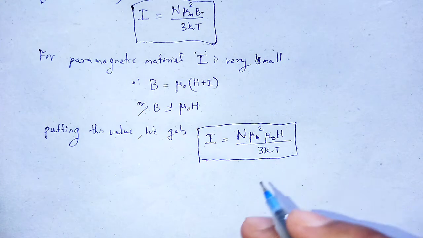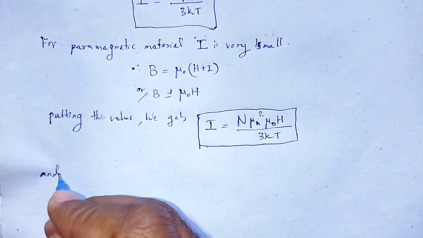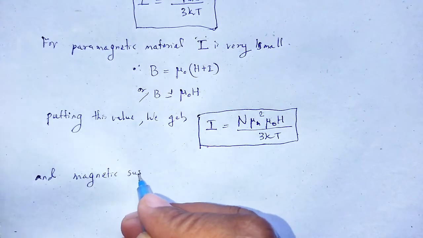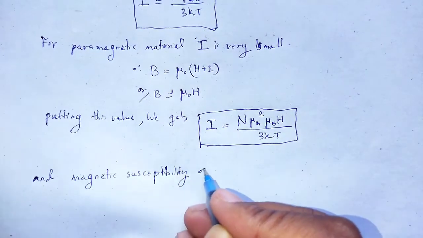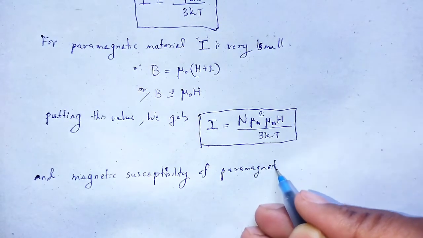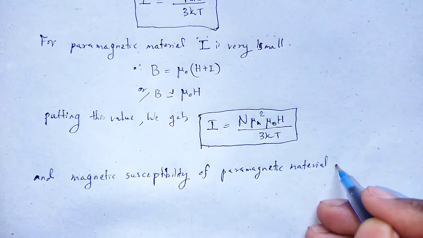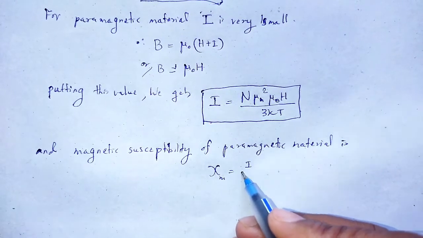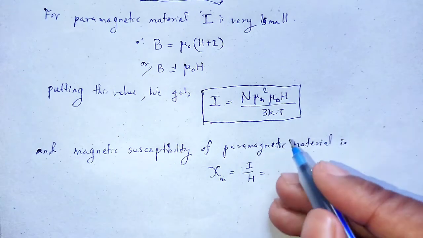And the magnetic susceptibility of that paramagnetic material is chi m is equal to I by H, the intensity of magnetization divided by H. H is cancelled out.